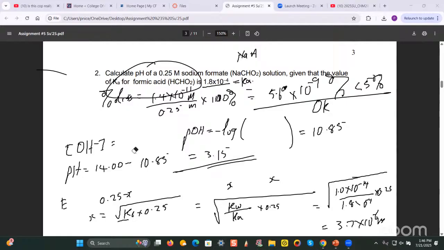So this should be 3.7 times 10 to the minus 6. This would be 3.7 times 10 to the minus 6. I knew something was wrong. And then find the minus log of that. So this would be 5.42.